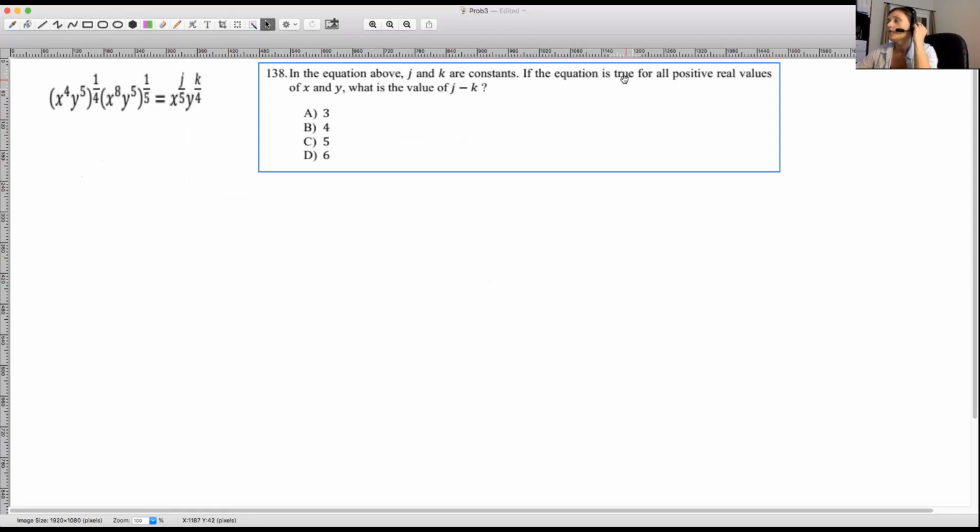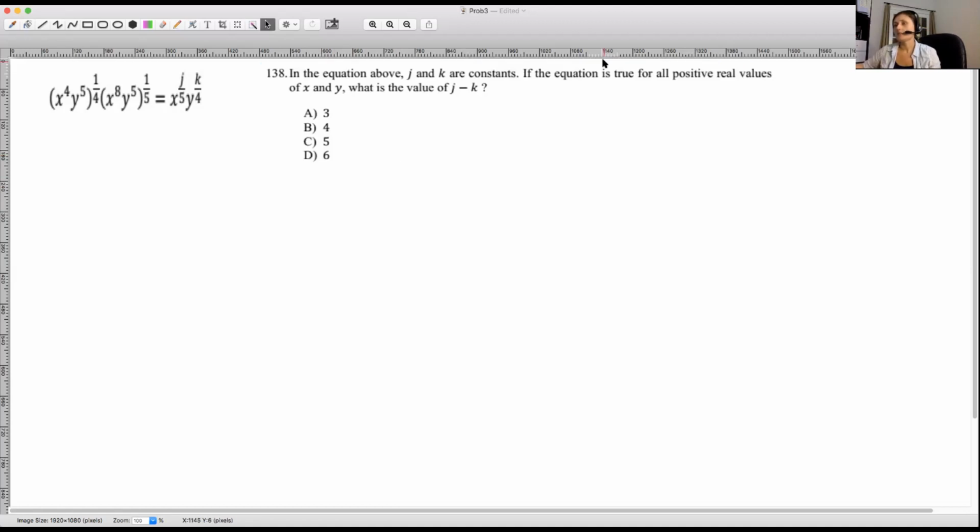If the equation is true for all positive real values of x and y, what is the value of j minus k? Okay, so I have not solved it yet, but I can attempt to solve it. And if I haven't solved it, I will let you guys know. I'll post it in your portal or online.